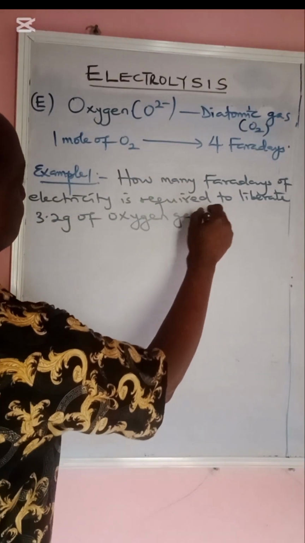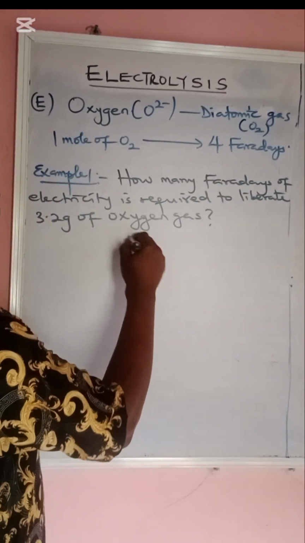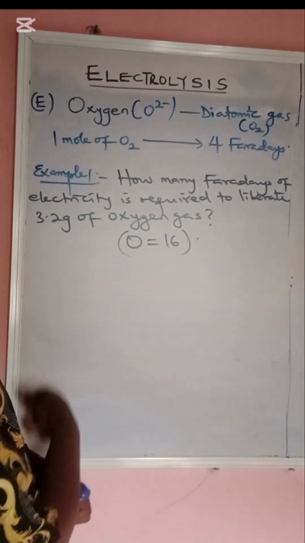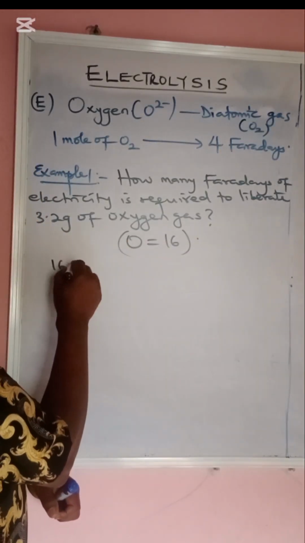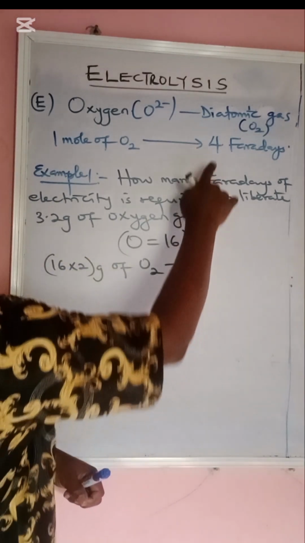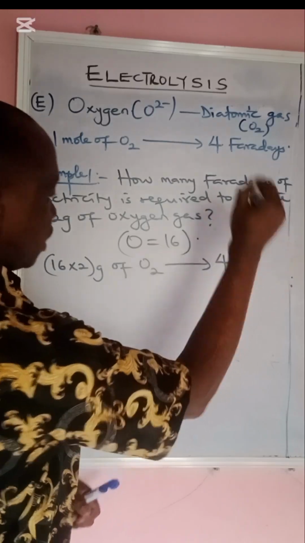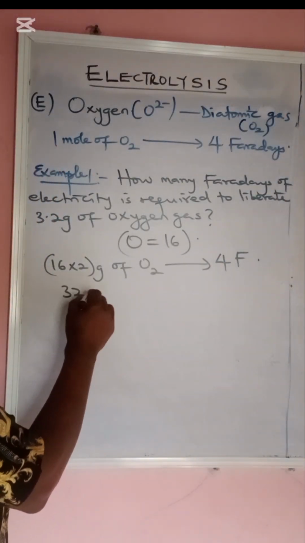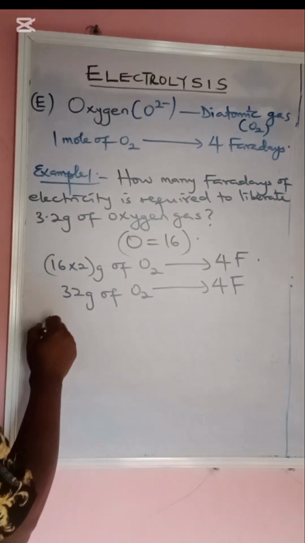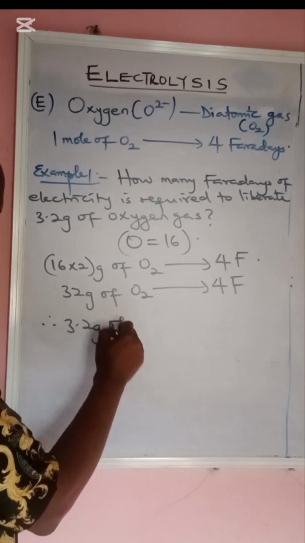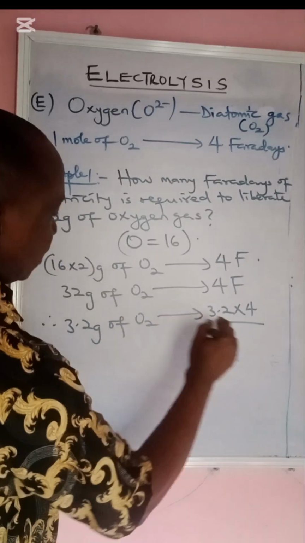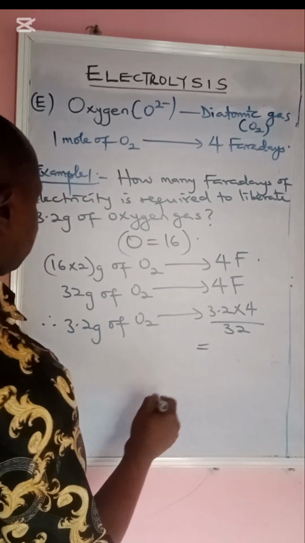Take oxygen is equal to 16. So you all know oxygen gas will be 16 times 2, so 16 times 2 grams, that is 1 mole of oxygen, will require how many Faradays? It requires 4 Faradays. So 32 grams of oxygen require 4 Faradays. Therefore 3.2 grams of oxygen will be 3.2 times 4 divided by 32. So this one will be 0.4 Faraday of electricity.